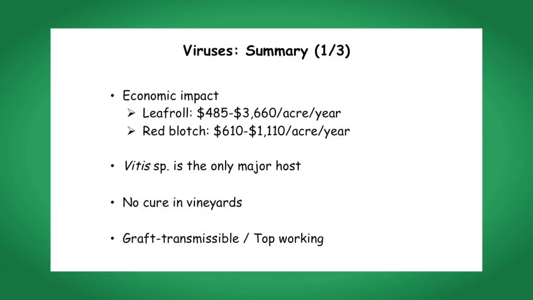So if I summarize, viruses can be very impactful on business. I teamed up with ag economists and your farm advisors many years ago, and these are the numbers we came up with in terms of the impact of leaf roll and red blotch.